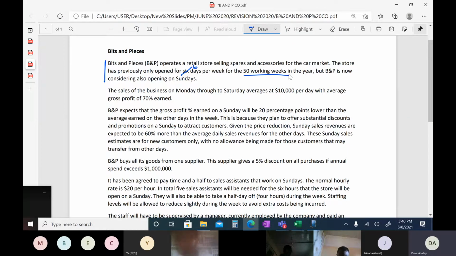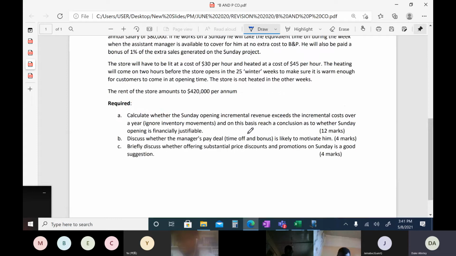But B&P is now considering opening on Sundays. So it means that it is open from Monday to Saturday, but they are considering opening for Sundays. And the first question is calculate whether Sunday opening incremental revenue exceeds incremental cost over a year.